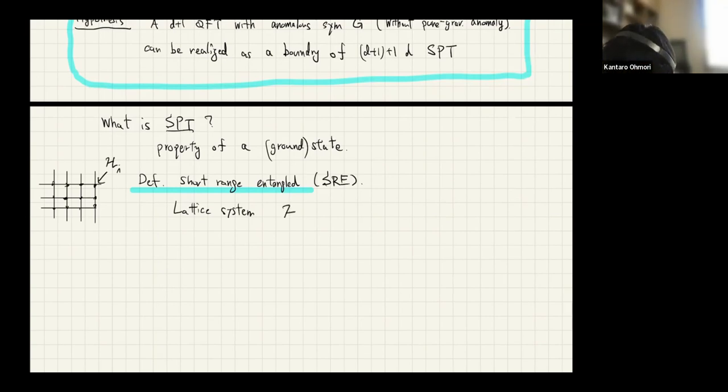So the total Hilbert space is the tensor product of the local Hilbert spaces.